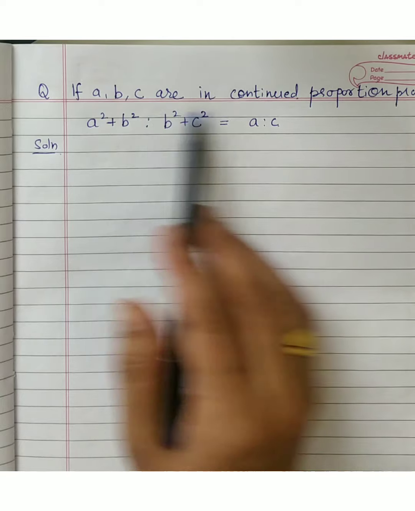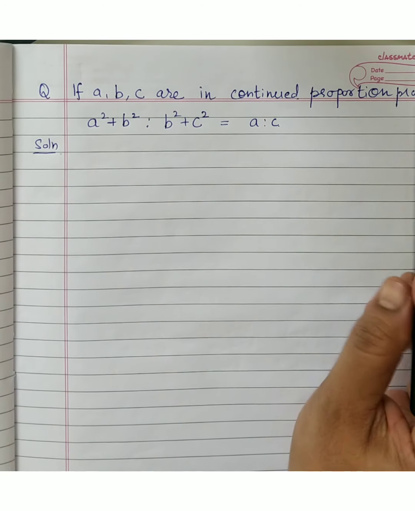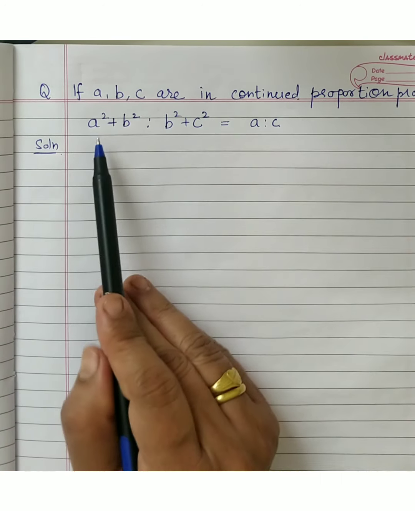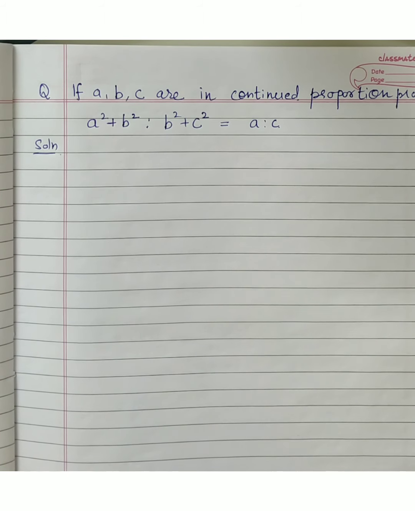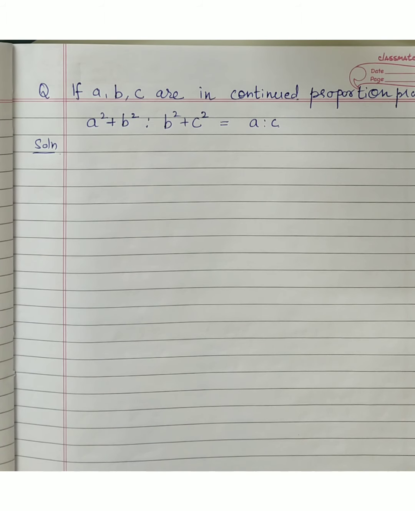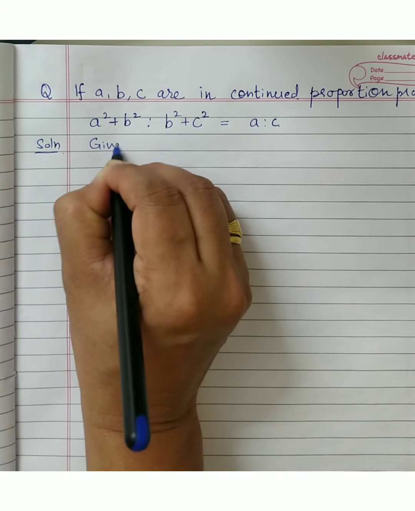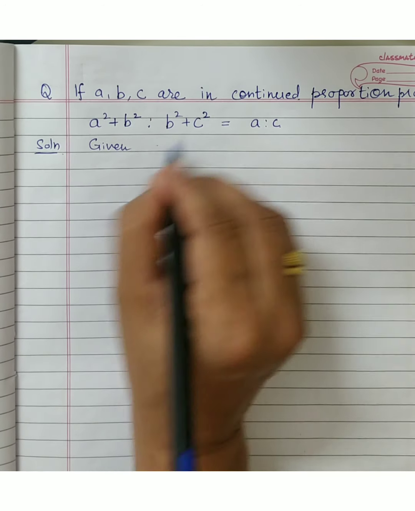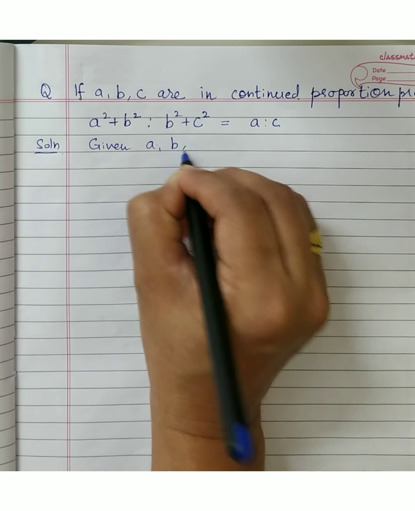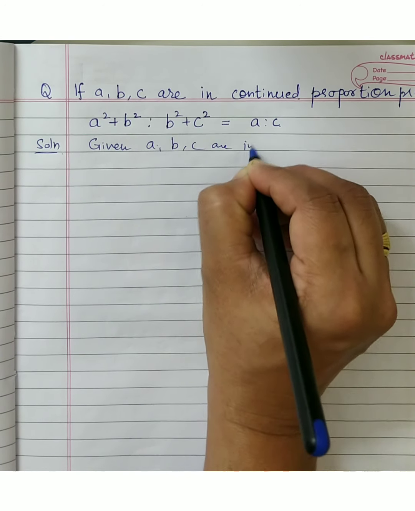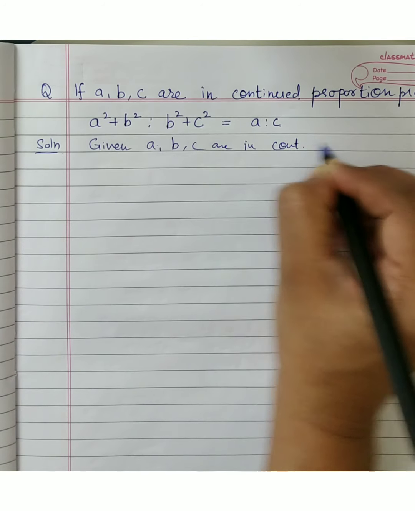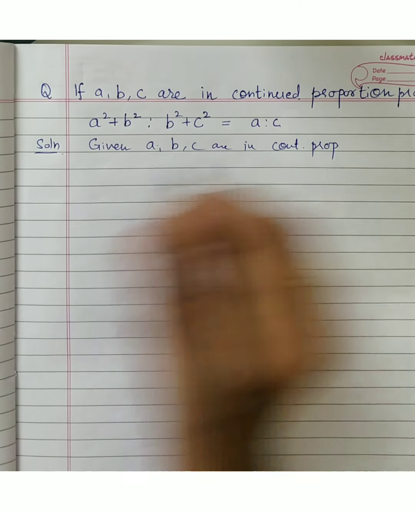If a, b, c are in continued proportion, prove a square plus b square ratio b square plus c square is equal to a ratio c. So what is the change here? A, b, c are in continued proportion, right? So what will you have?